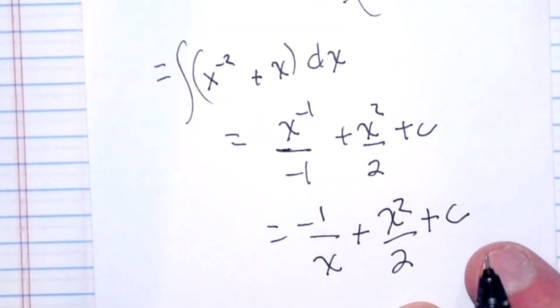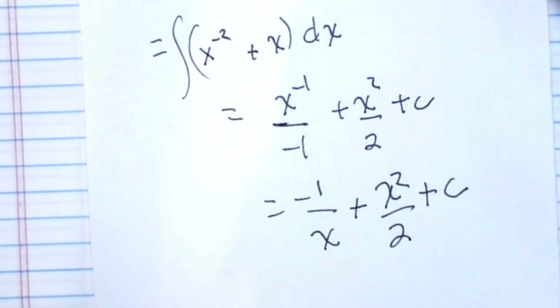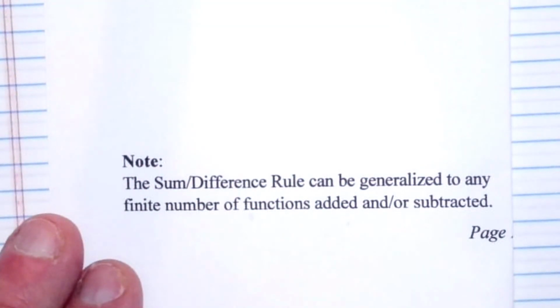But I'm okay with leaving them like that for now. And as you might have guessed, this sum and difference rule can be generalized to any finite number of functions added or subtracted, or sometimes an infinite number of functions added or subtracted, but that's a topic for calculus 2.